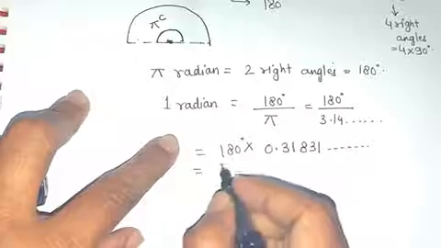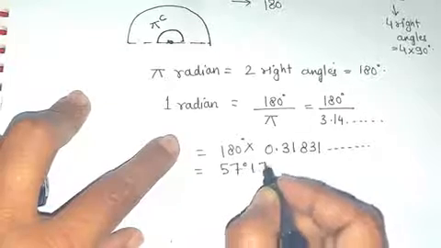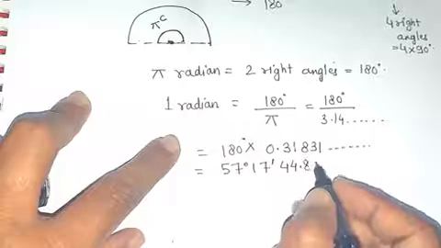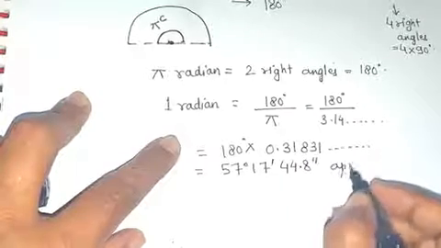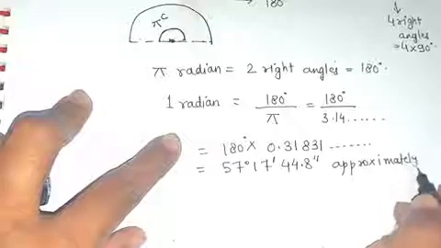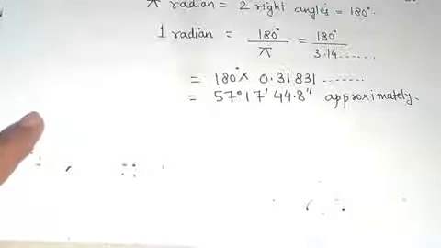This is equal to 57 degree 17 minute 44.8 second approximately, because this is a never ending number.